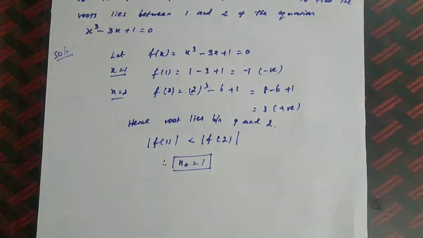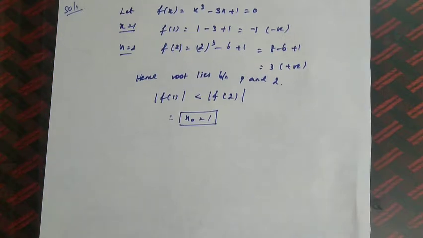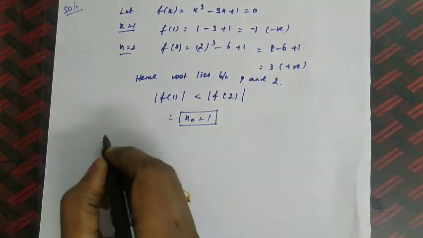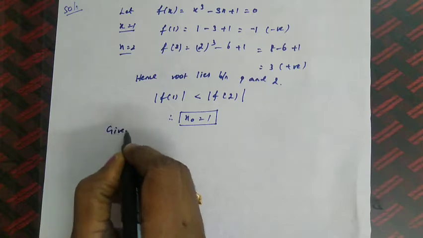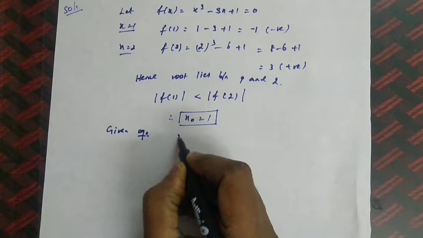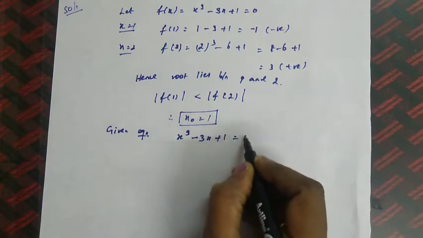Now we have to bring the equation to the form x is equal to phi of x. That is the condition for the fixed point iteration theorem. So to apply the fixed point theorem, we have to bring the given equation to the form x is equal to phi of x. The given equation is x cube minus 3x plus 1 equal to 0.